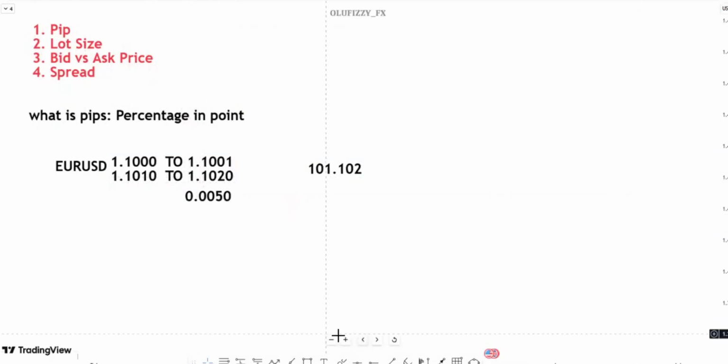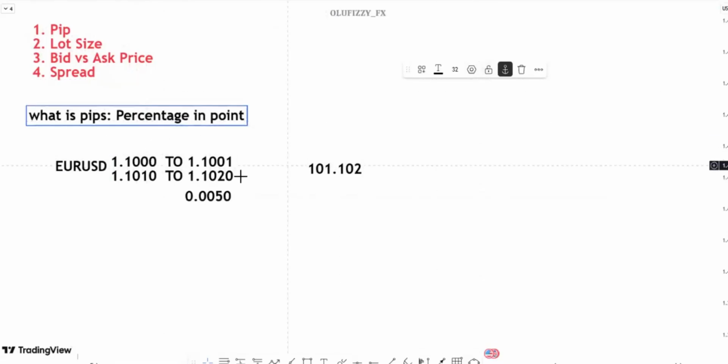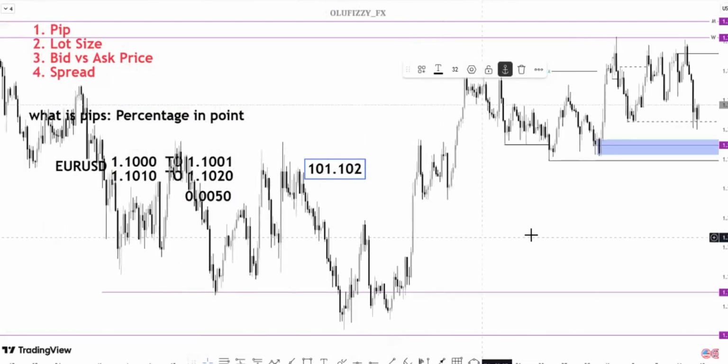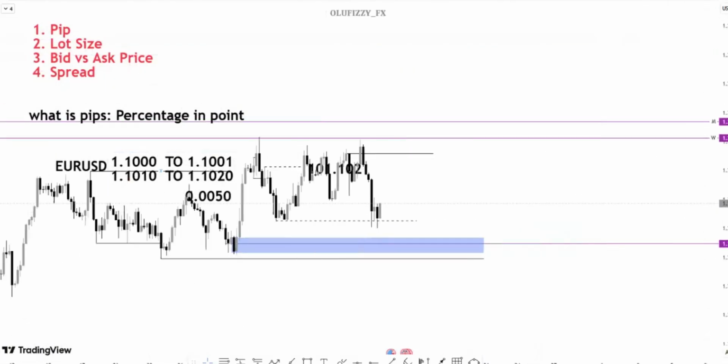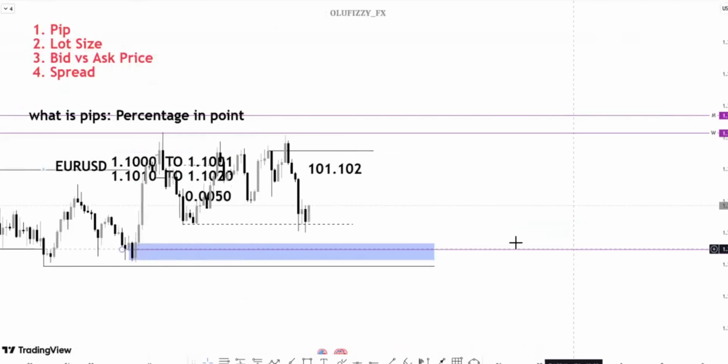Let me quickly use an example before we proceed. Let's use live charts, for example. So this is GBP USD, and if you check this quote number here, you see that we have a lot of numbers. The current market price now is 1.3543.